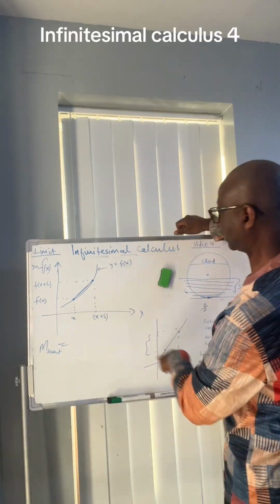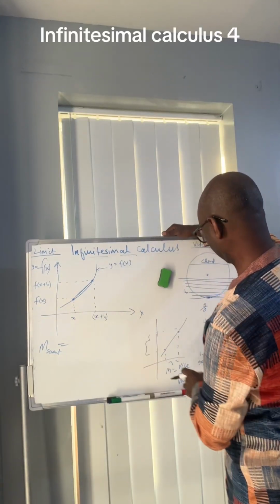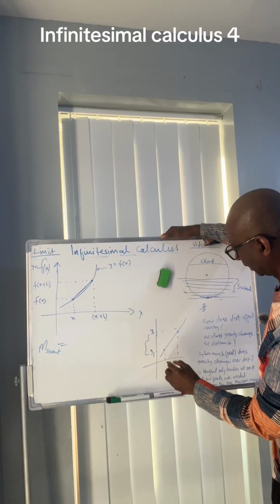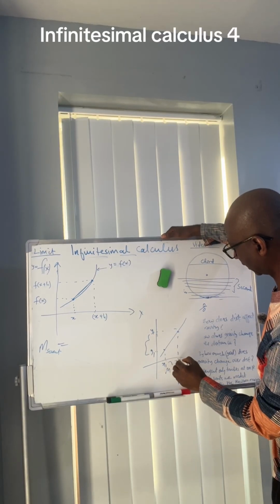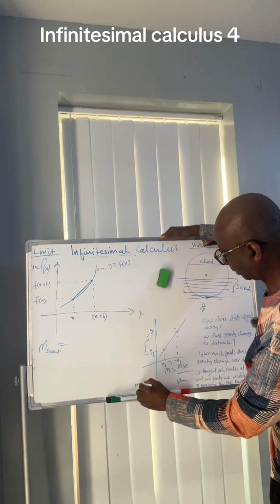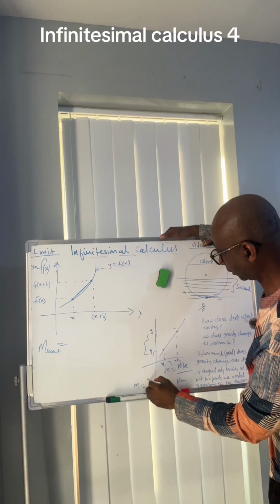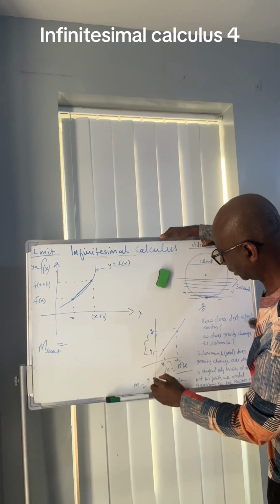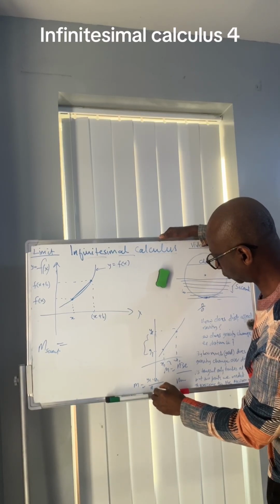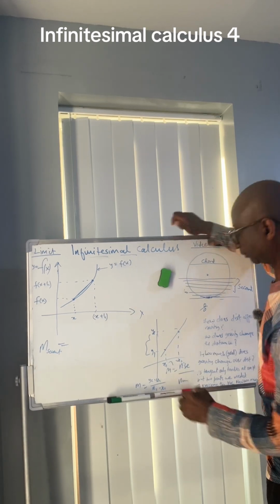The gradient of these lines is the rise over the run. If this is y1, this is y2, this is x1, and this is x2, then m is equal to y2 minus y1 all over x2 minus x1.